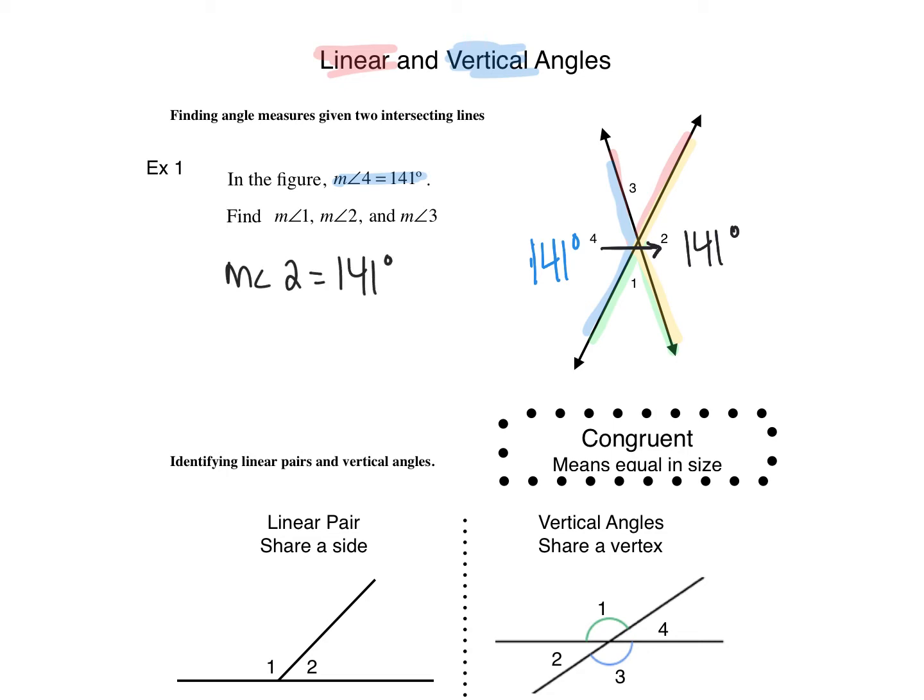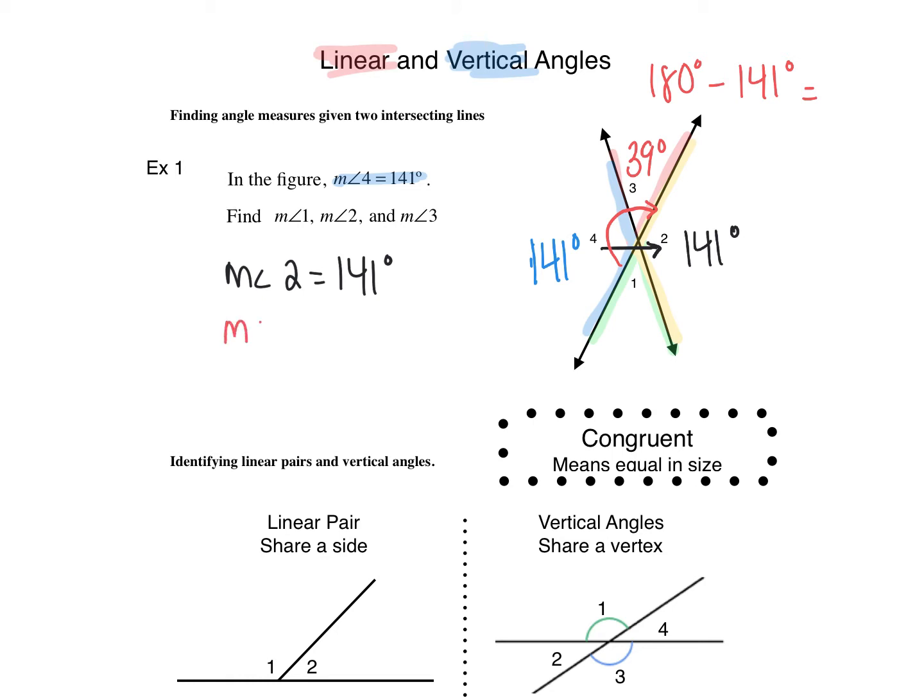Then if you look, angle 3 and angle 4 make a line, which remember, a line is 180 degrees. So that means in order to find angle 3, I'm going to take 180 degrees and subtract out 141 degrees and get my answer for angle 3, which is 39 degrees.